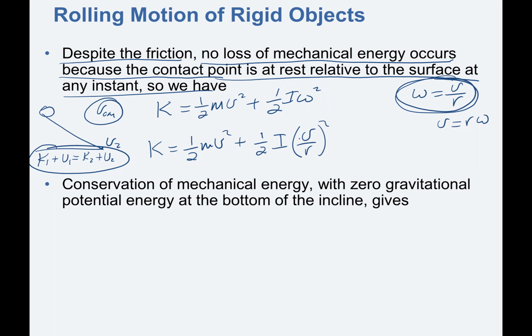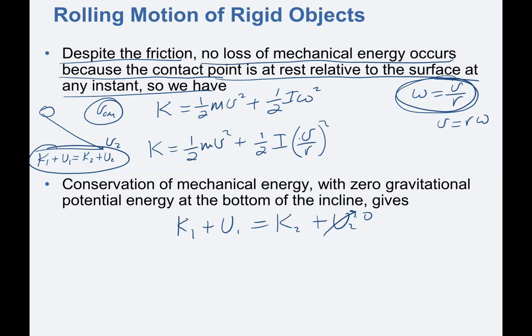If I go back to that equation and want to find the speed of the rolling object at the bottom, what I have to do is this. Kinetic energy 1 plus potential energy 1 equals kinetic energy 2 plus potential energy 2. Hopefully from the previous chapter 7 you remember that if I take the ground as my reference position, then there will be no potential energy there.